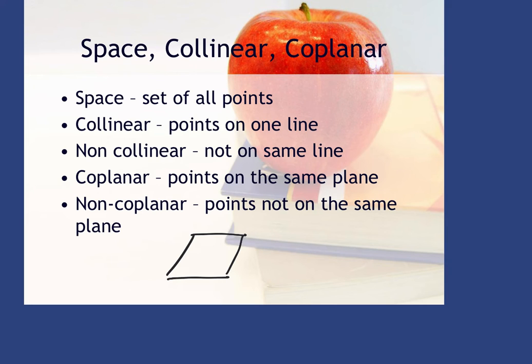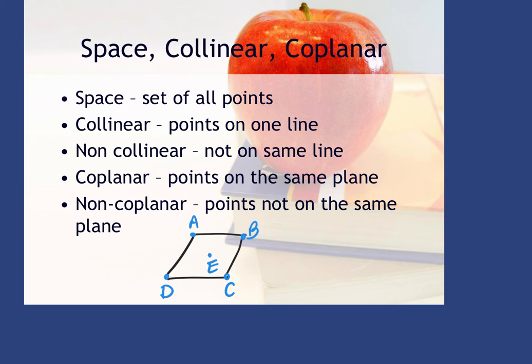So if I were to draw a plane and I put A, B, C, D, E somewhere floating in the middle, all of those points would be coplanar because they all lie on the same plane. A, B are collinear.